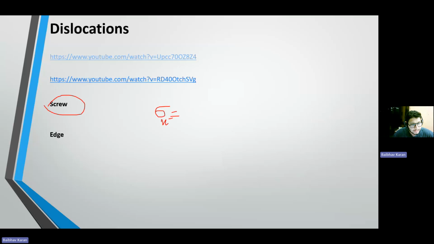So in the xz axis, sigma on the x direction and z plane, what did we get? Sigma xz is equal to minus Gb upon 2 pi sine theta upon r.